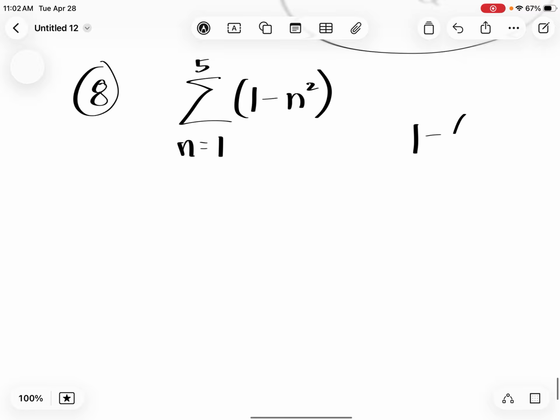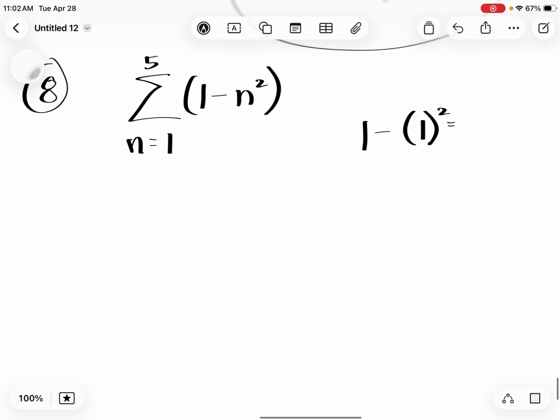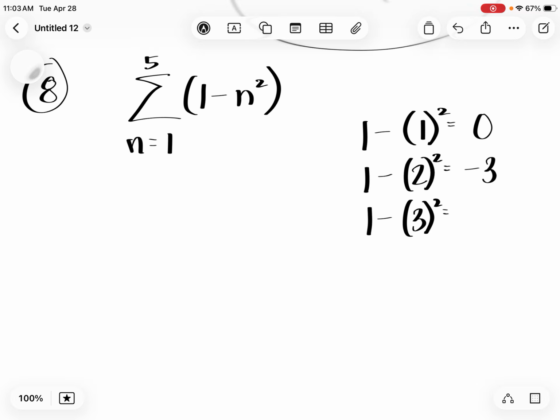So 1 minus 1 squared, 1 squared is 1, and 1 minus 1 is 0. 1 minus 2 squared, 2 squared is 4, and 1 minus 4 is negative 3. 1 minus 3 squared, 3 squared is 9, 1 minus 9 is negative 8. 1 minus 4 squared, 4 squared is 16, 1 minus 16 is negative 15.